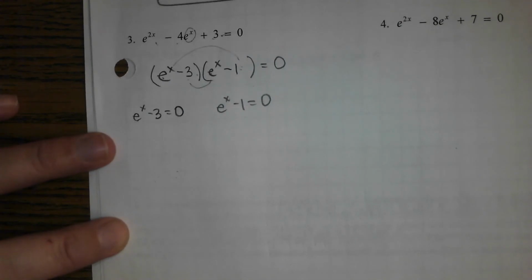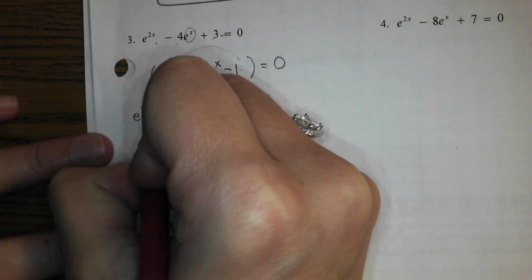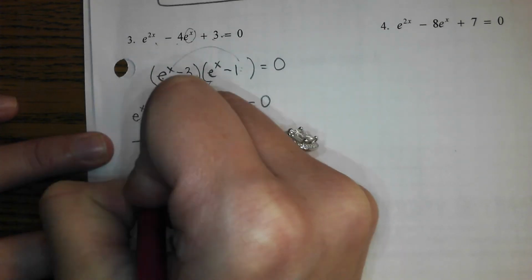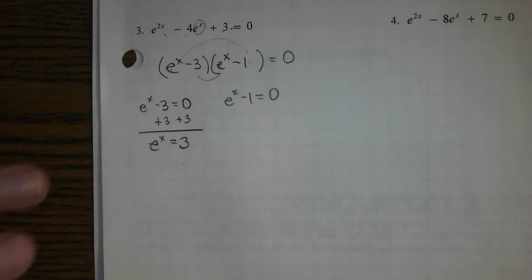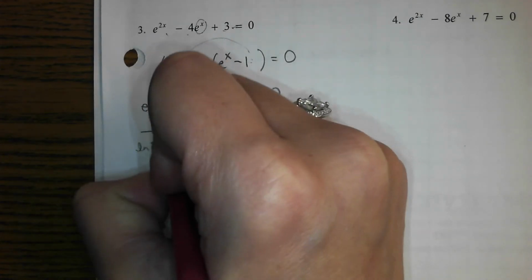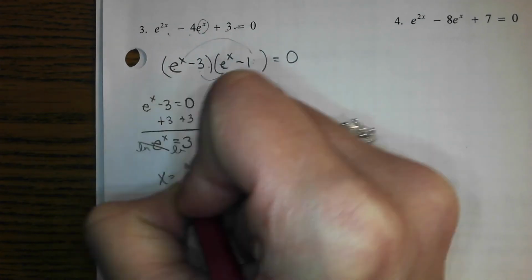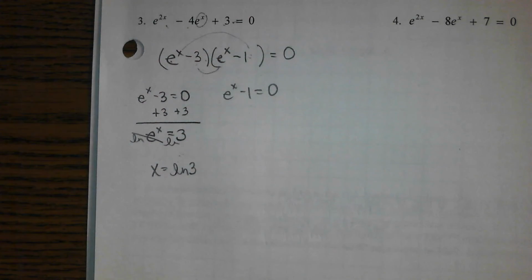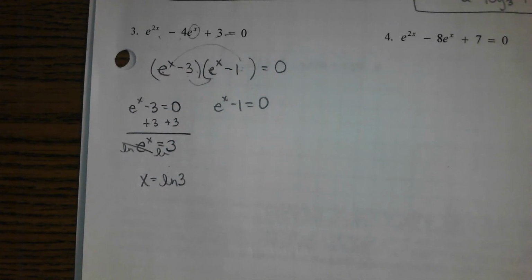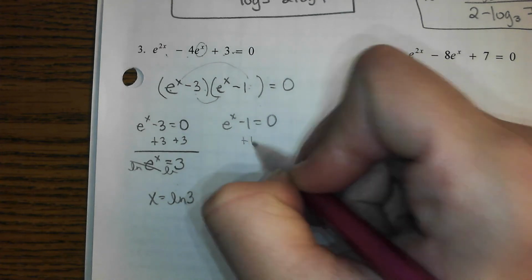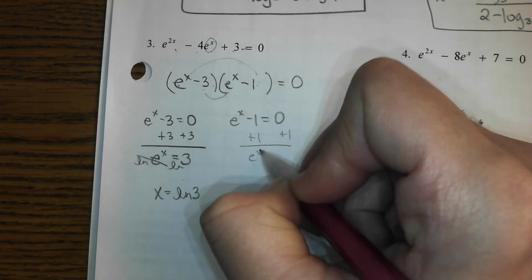And solve. So on the left side, I'm going to add 3 to both sides. I get e to the x equals 3. And how do I get x all by itself? Natural log of both sides. Good. So x equals the natural log of 3. And then teeing up the other one, add 1 to both sides.